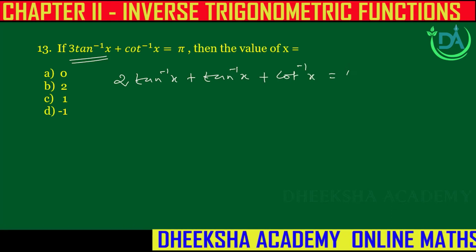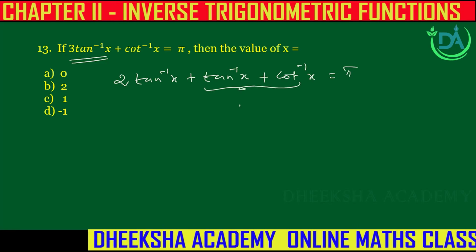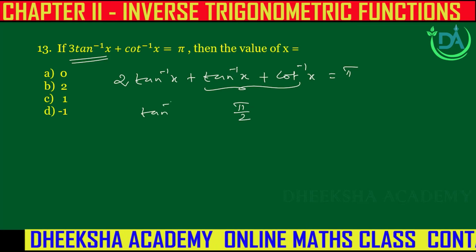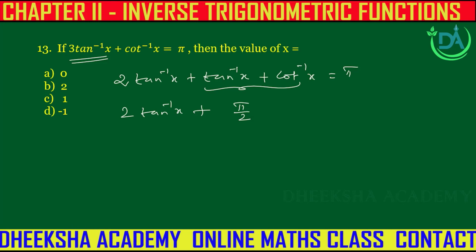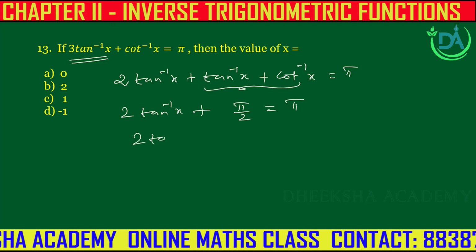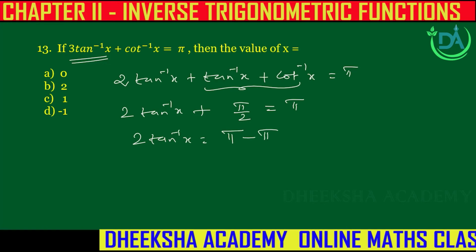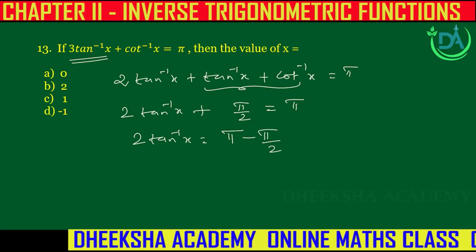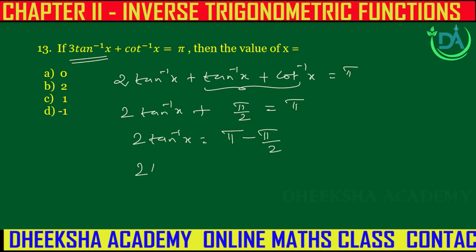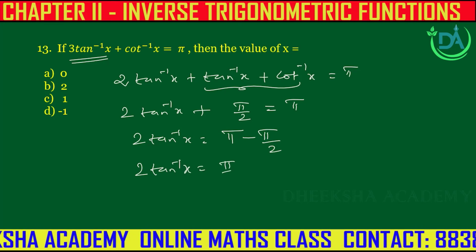We know the property tan inverse x plus cot inverse x is equal to pi by 2. So 2 tan inverse x plus pi by 2 is equal to pi, which gives 2 tan inverse x is equal to pi minus pi by 2. So 2 tan inverse x is equal to pi by 2, and tan inverse x is equal to pi by 4.